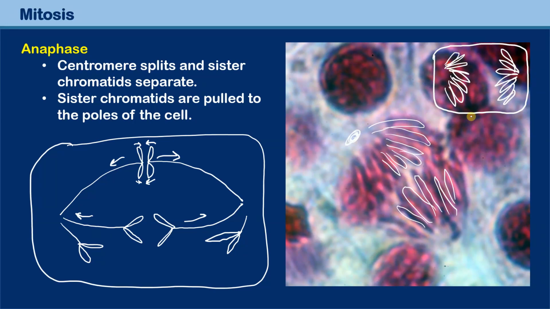Okay, and that's basically what you see over here. And this simply explains the process and why it looks like this, that you have the arms now pointing towards the middle. So that is basically the first time when we start to separate the identical DNA. But remember, we still only have one cell.